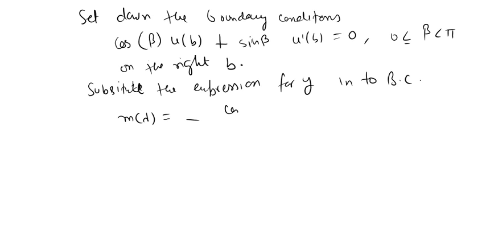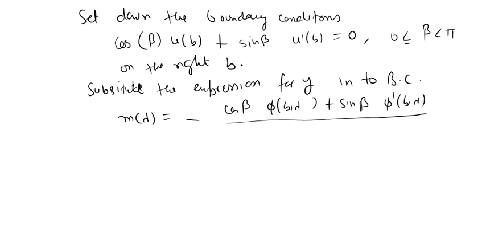So m lambda is minus cos beta phi b lambda plus sin beta phi dash b lambda, divided by cos beta psi b lambda plus sin beta psi dash b lambda.